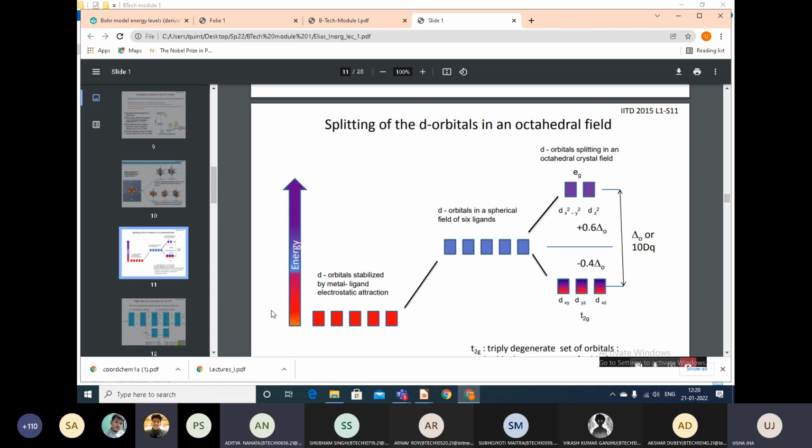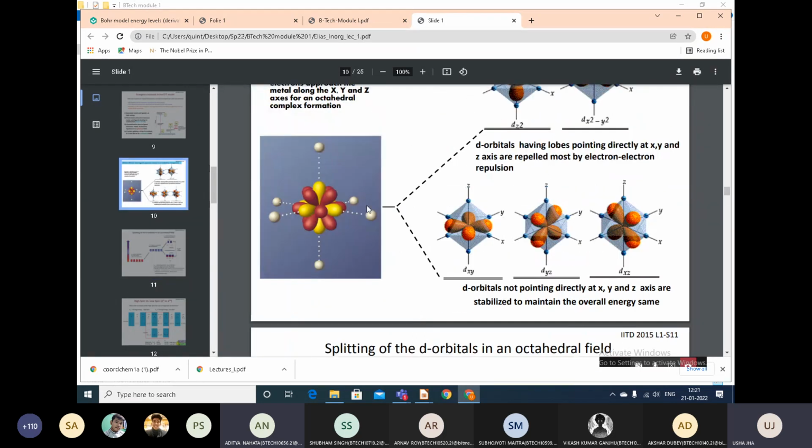If we are talking about d1, say scandium in a +1 state, it would have just 1 electron and stay in a degenerate state. When they are of equal energy we call it a state of degeneracy, meaning equal energy. Now, as the ligands start approaching, these are the ligands 1, 2, 3, 4, 5, 6.